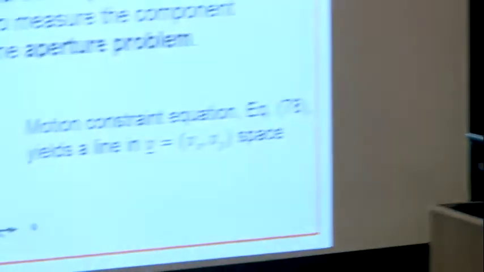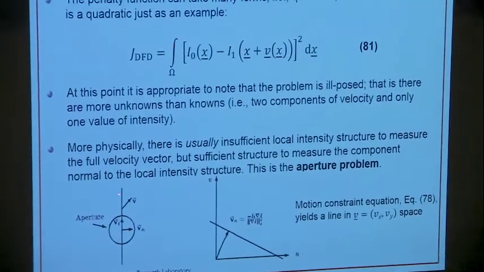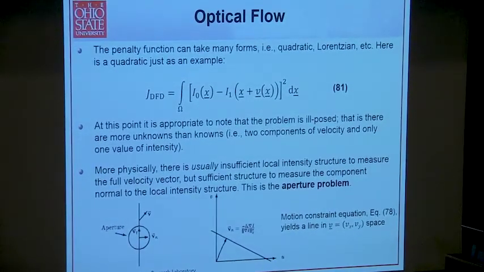Let's think about why this happens. We can say physically, let's assume we have an intensity structure in this direction. There's usually insufficient local intensity information to measure the full velocity vector. You usually have enough to get it normal to the intensity structure, but not tangentially.